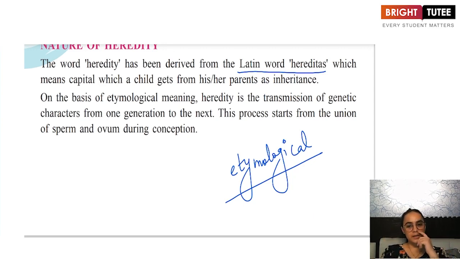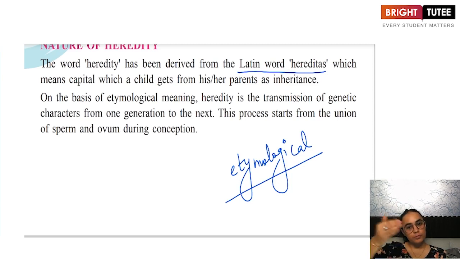So on the basis of this etymological meaning, this origin that we have learned about, heredity means the transmission, when the genetic characters, the genes of one generation are passed on to the other. This is known as heredity.